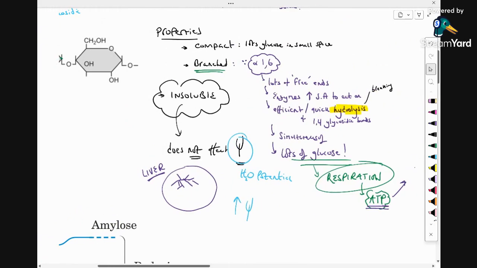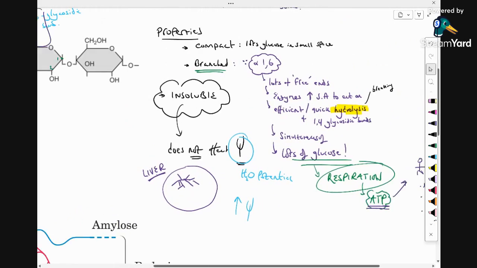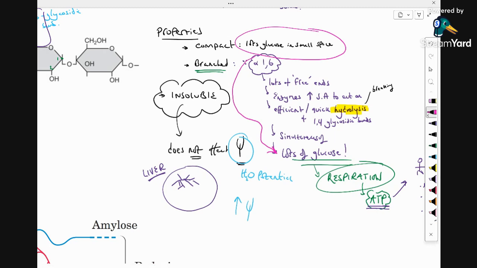So they're the properties of glycogen that you really need to worry about. It's compact, so we can store lots of glucose in a small space. What that means is it links back to, therefore, that we can get lots of glucose in the cell for lots of respiration, lots of ATP production, etc.